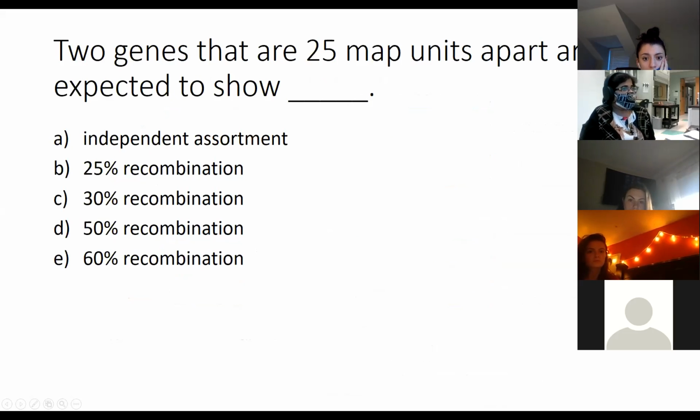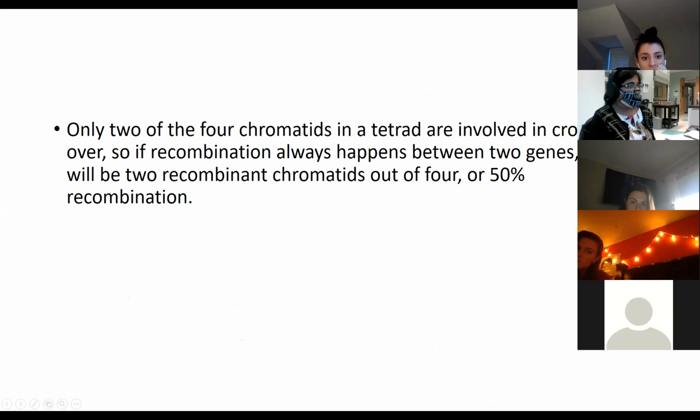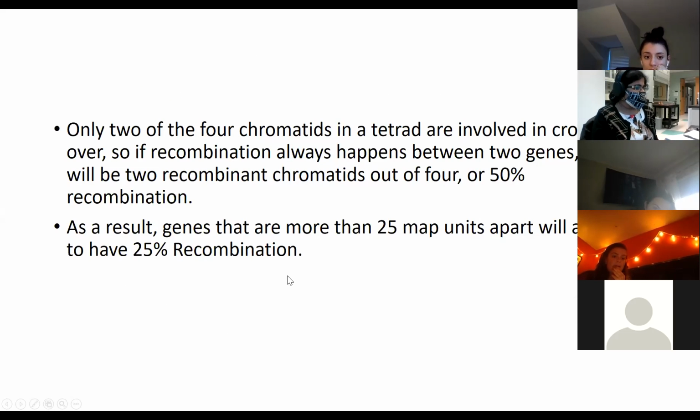Two genes that are 25 map units apart are expected to show blank. What do you guys think? What do we know? B. Yes. Okay, so we know that anything under 50% is going to have some kind of recombination showing.